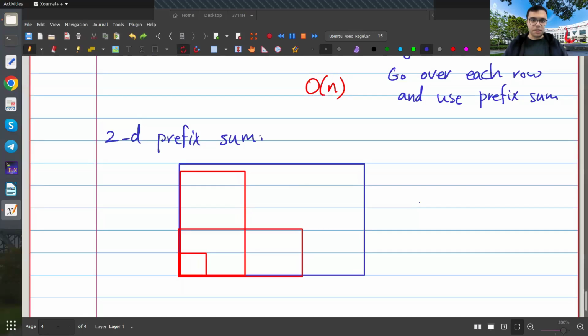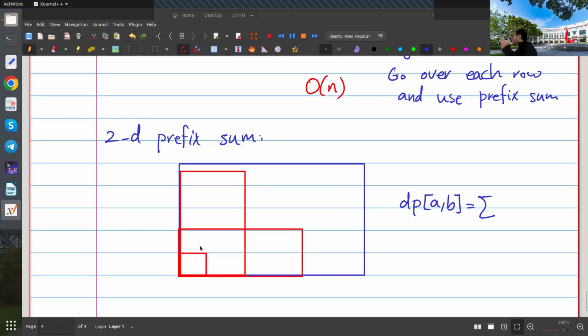Let me write it like this. dp of, let's call it AB, is going to be the sum of all the elements that are in the first A rows and the first B columns. Oh, by the way, I'm assuming that this is row number 0. If you're doing linear algebra, you might think that this is like row number 1.